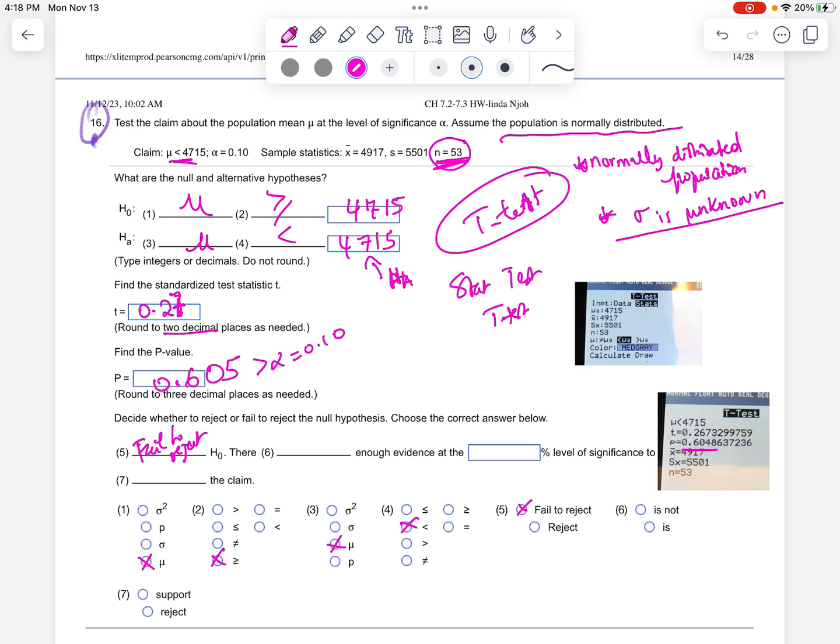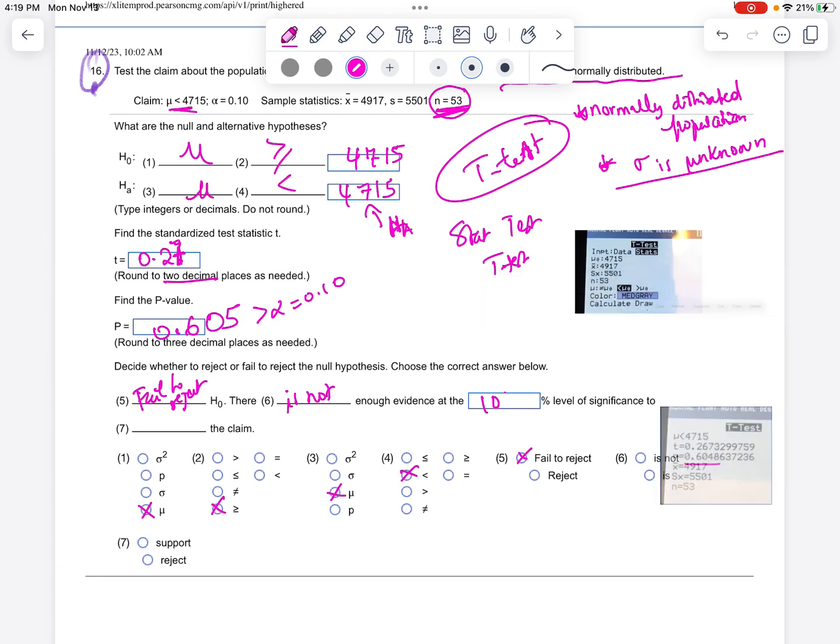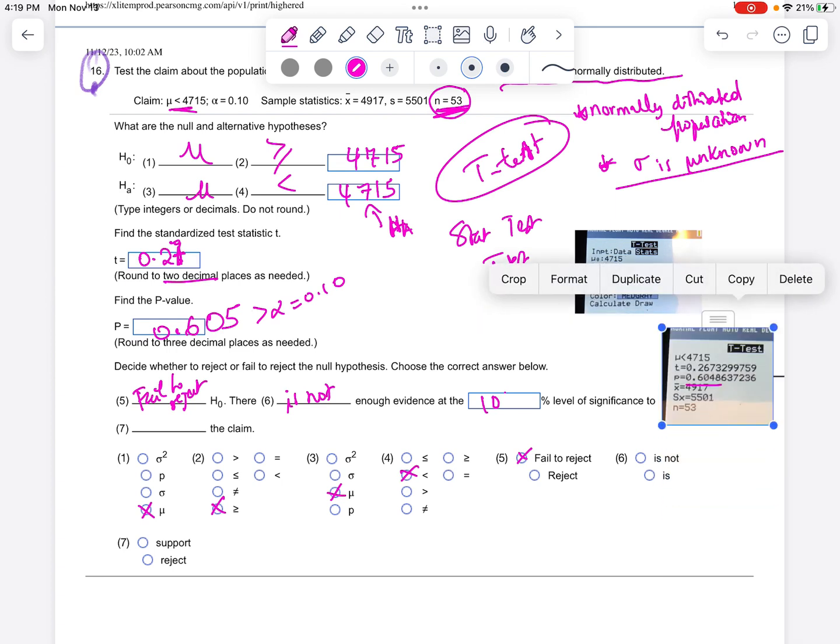There is not enough evidence at the 10% significance level to support the claim.